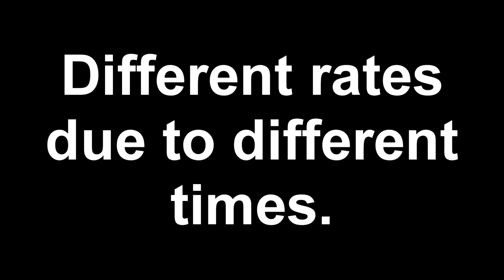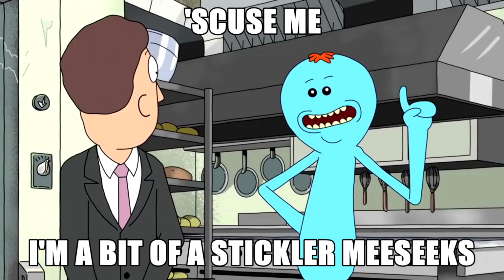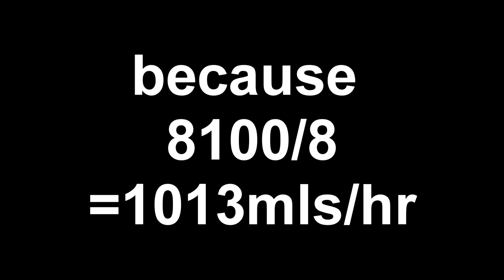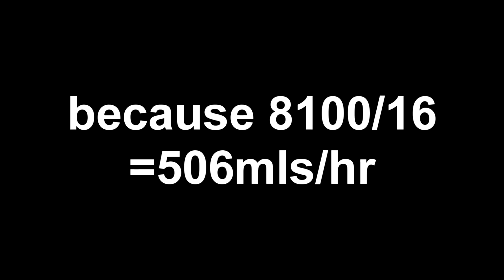Of course, the rates will be different as the duration is different in each circumstance. To be specific, initially the rate will be about 1,013 mL an hour for the first 8 hours. 8,100 divided by 8 gives us that rate. And for the remaining 16 hours, the rate will be 506 mL an hour, following the same method of rate calculation.